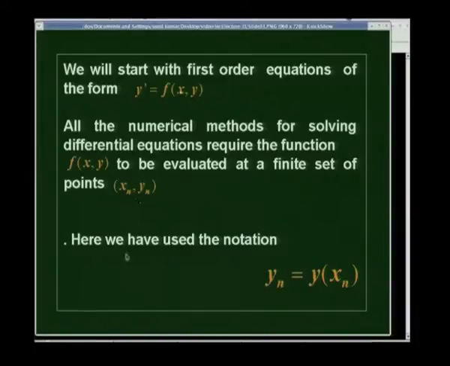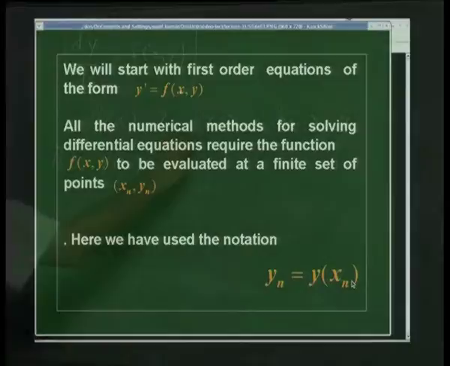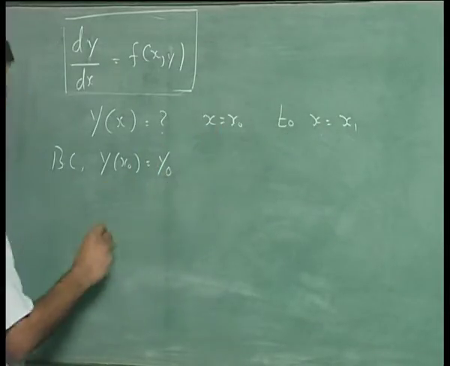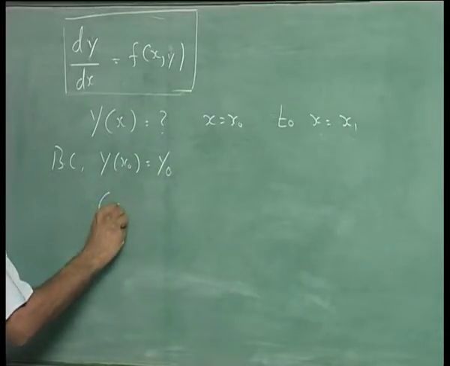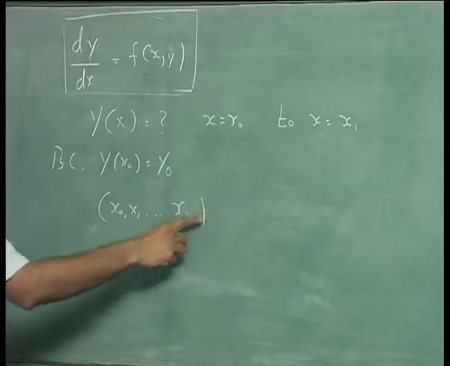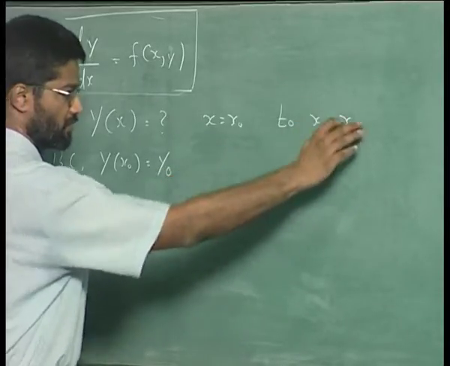Please note the notation: when I say yn, it is y at xn. What we are going to do is split this interval x0 to x1 as xi, so we have x values x0, x1 up to xn, with xn being equal to x, whatever the end value is.